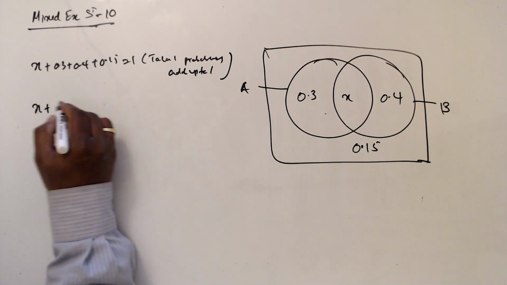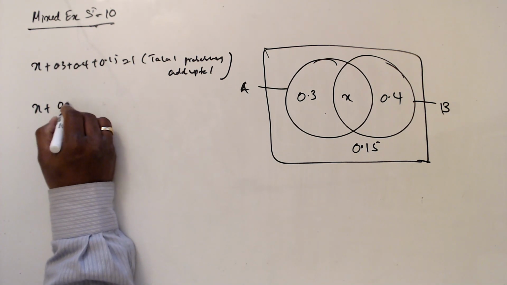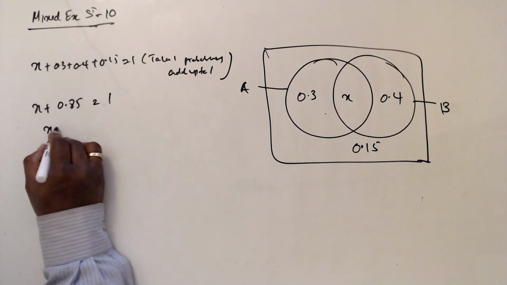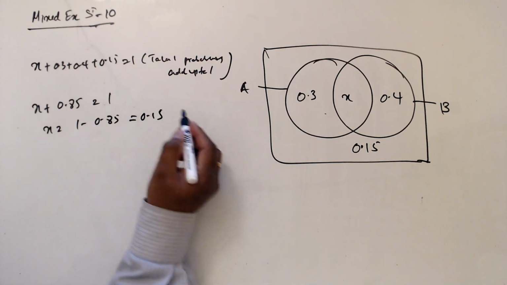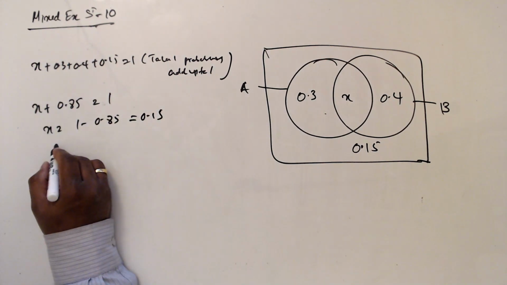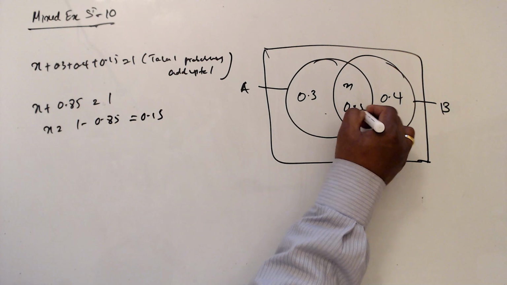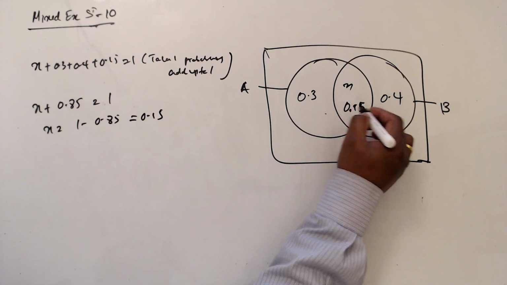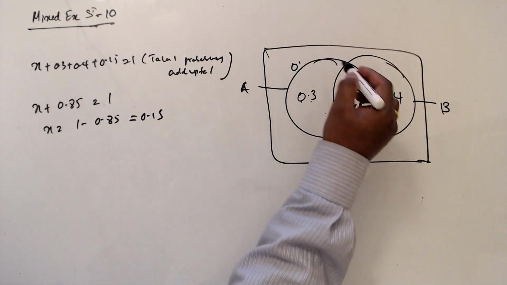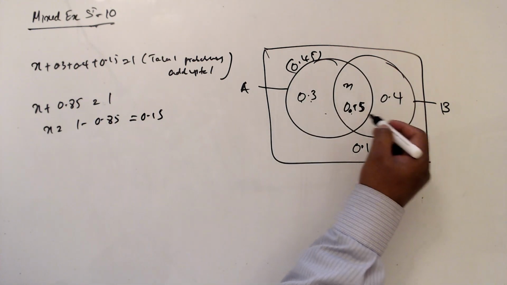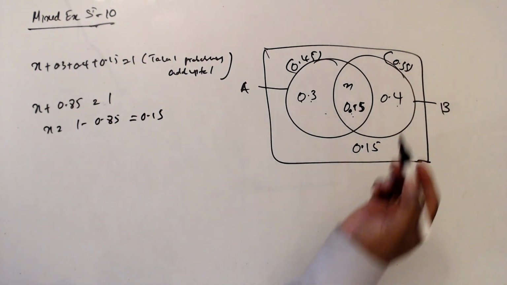So then x plus 0.85 equals 1, x equals 1 minus 0.85, which is 0.15, and this is going to be 0.15. Then this is going to be 0.3 plus 0.15, 0.45, and this is going to be 0.55.